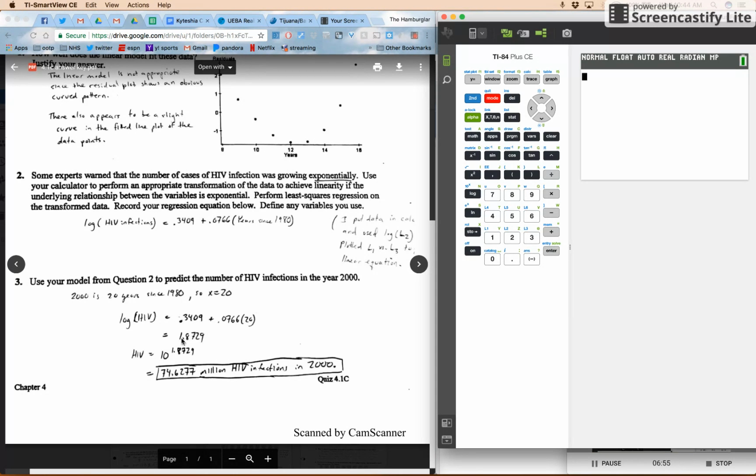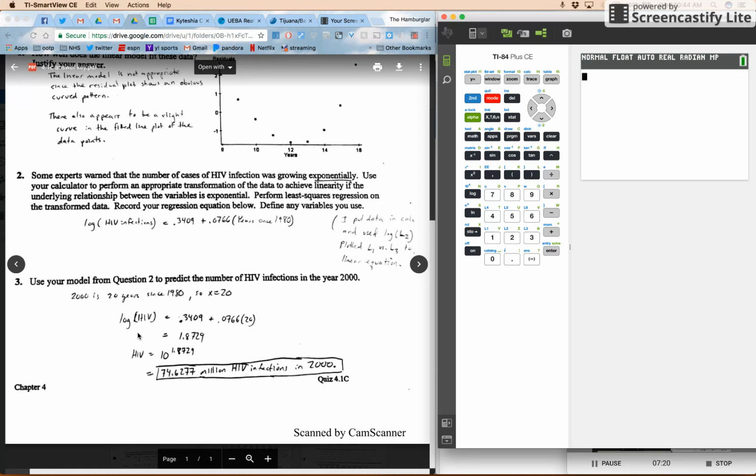Just some basic algebra. You get the right side is 1.8729, and that's equal to the log of the HIV infections. The way you get rid of the word log to get the HIV infections by themselves is that essentially you just take this number and you make it the exponent and 10 the base, and then the word log goes away.